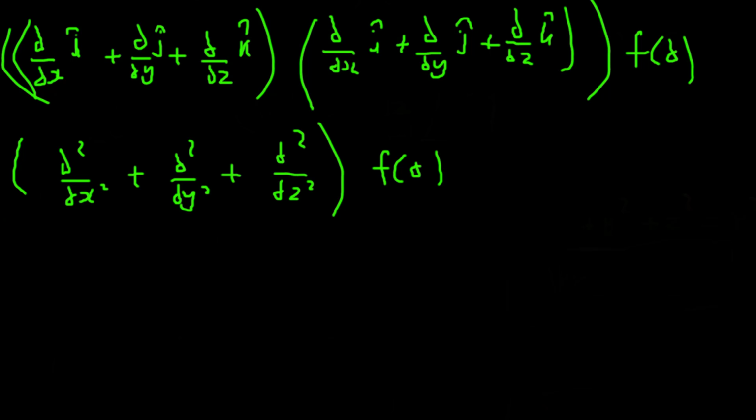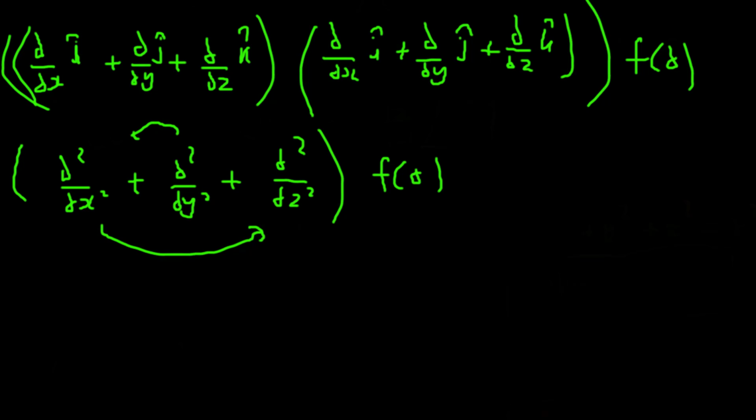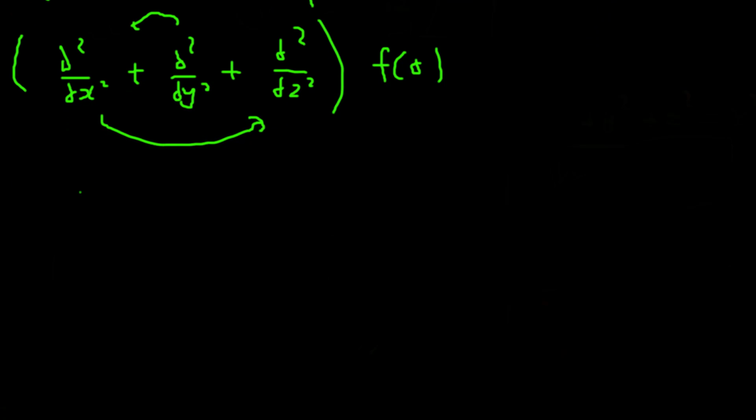Now let's see. For del square by del x square, del square by del y square, or del square by del z square, if we put this thing here or this thing here, the value will be the same. No change will be in these things. So we can write this as the summation of del square by del x square into f dash r.